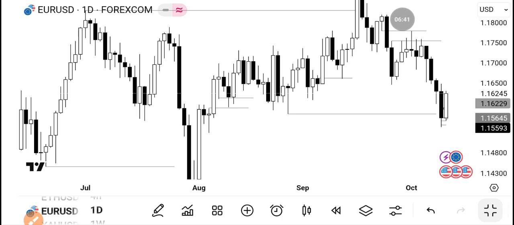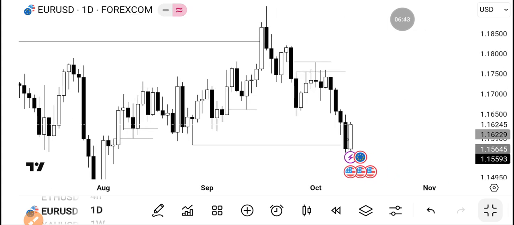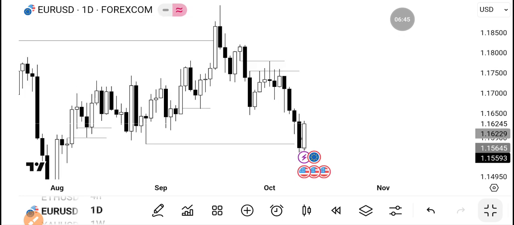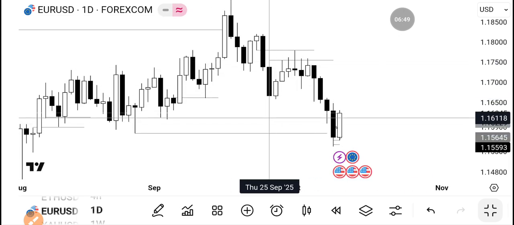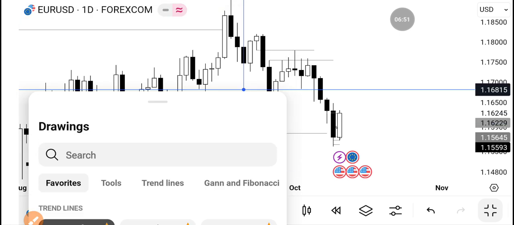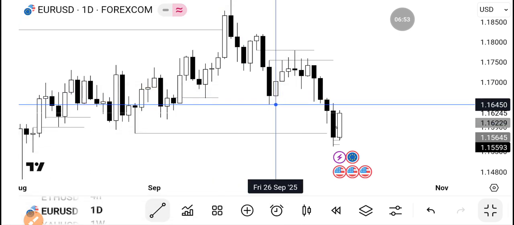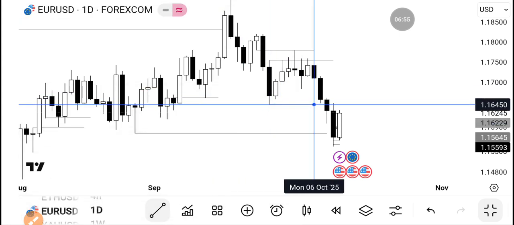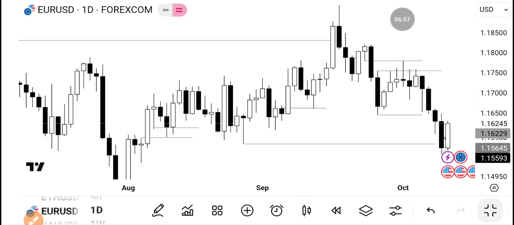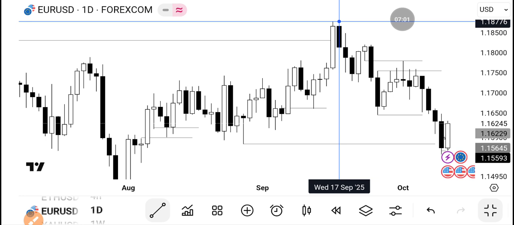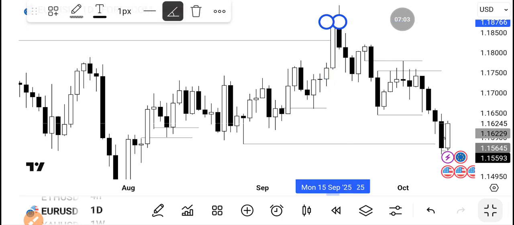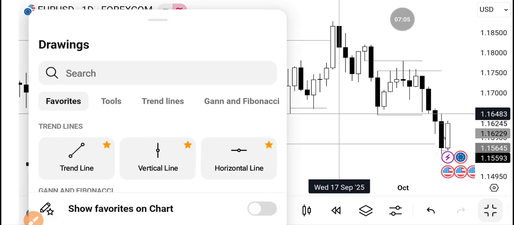CRT. If you check, most key levels are all CRT. Candle high, candle low, turtle soup, high, low. Look at it. Most key levels are what? CRT. Old high, CRT.